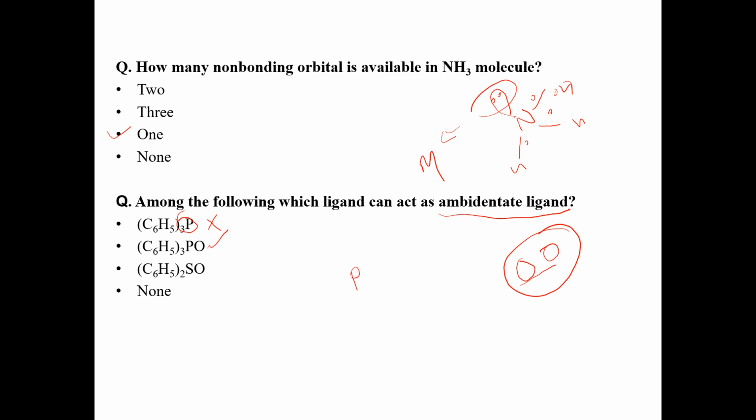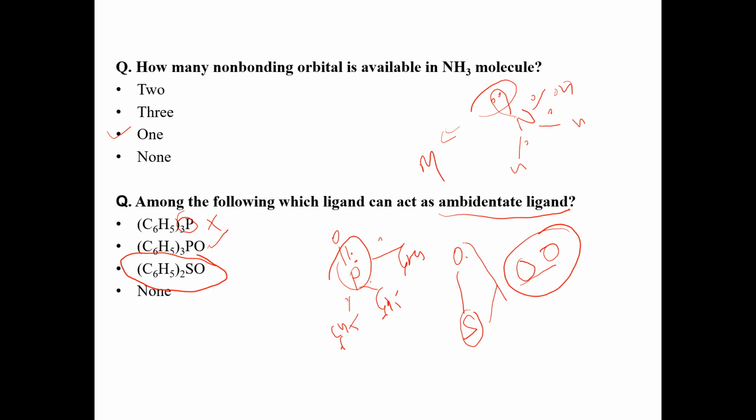Oxygen can donate its lone pair, but phosphorus does not contain any lone pair because its 5 electrons in the outer orbital are already involved in the bondings. In case of this, you have a lone pair with sulfur and oxygen also, so it can work as an ambidentate ligand.